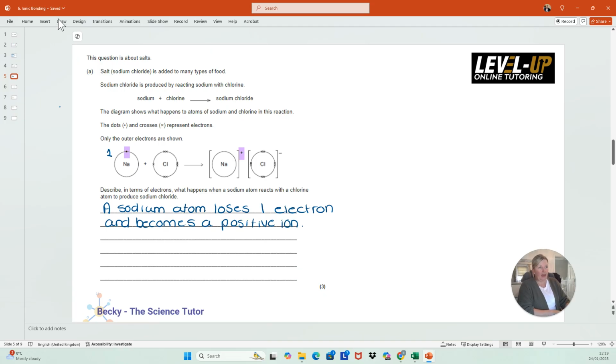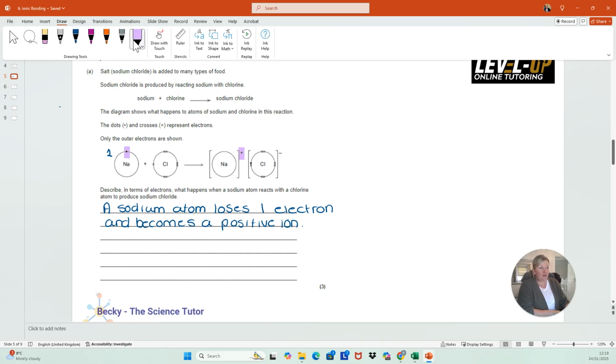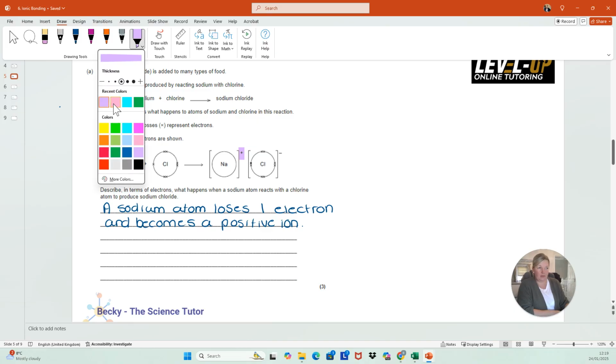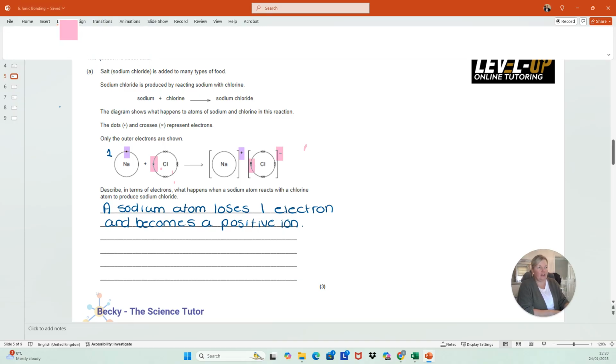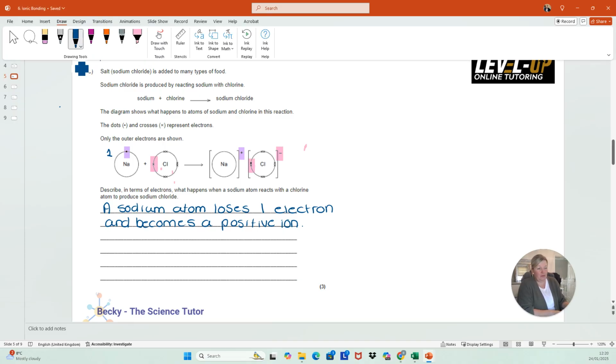And then we're going to see what we can see for sodium. And by sodium I mean chlorine. Get carried away with myself. So here look, we can see it's got 7 electrons. Over on this side you can see it's gained that electron, and that means it's become a negatively charged ion. So I'm just pretty much going to repeat what I said above.